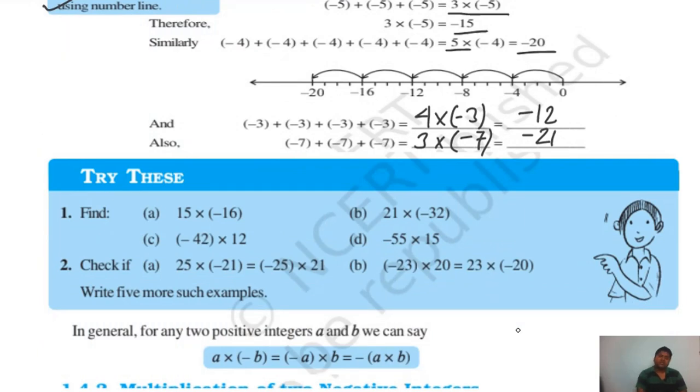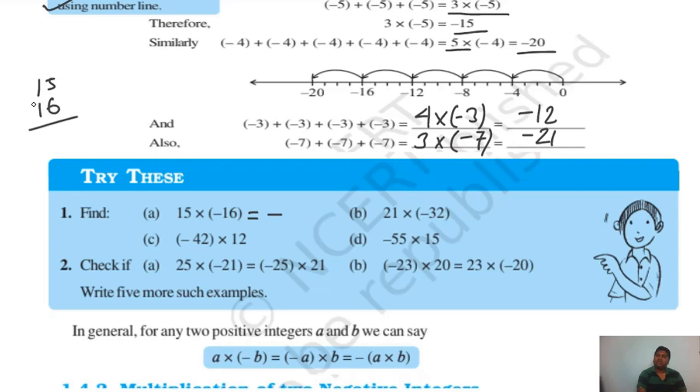15 into minus 16, what can it be? In the similar case we multiply both parts and the sign is minus. The sign is minus and we multiply 15 into 16. How is it possible?